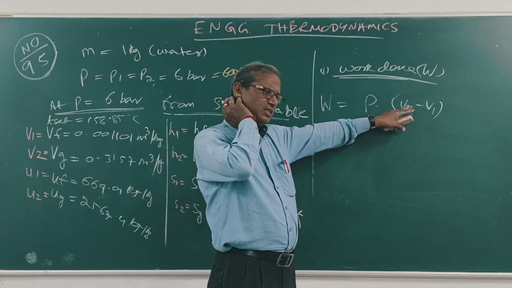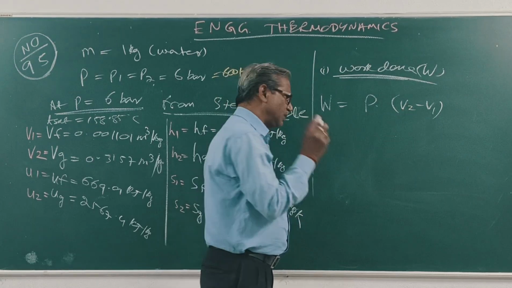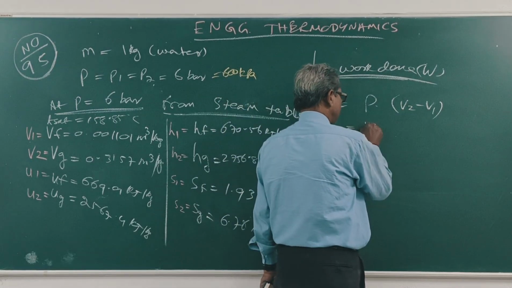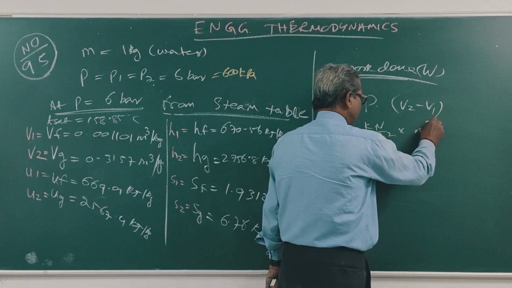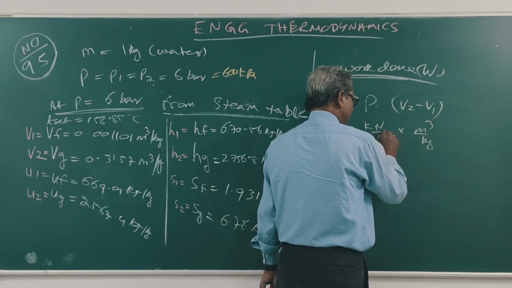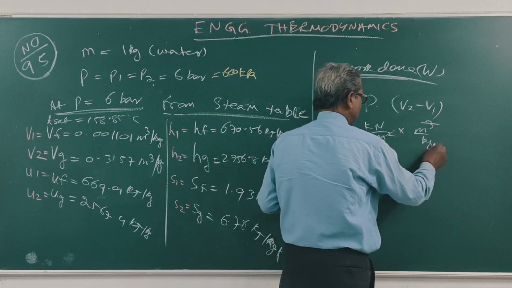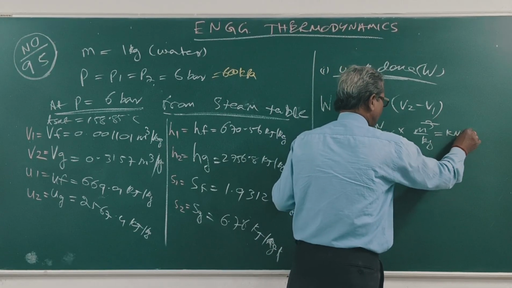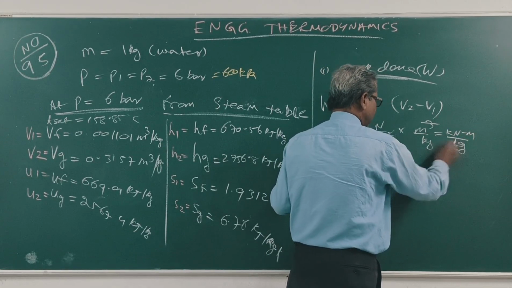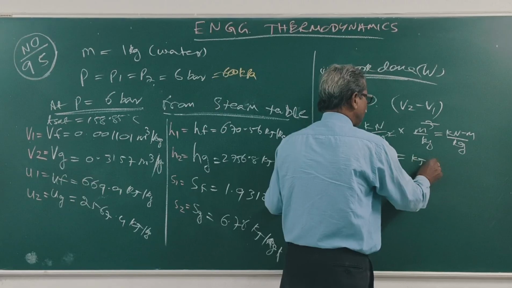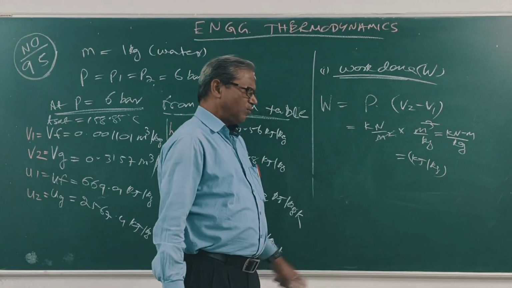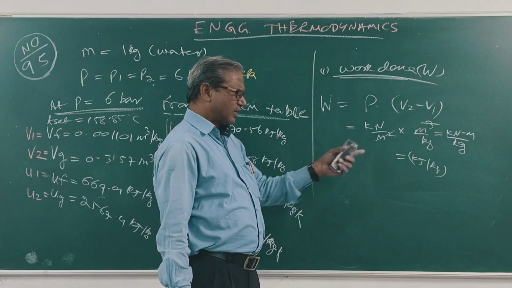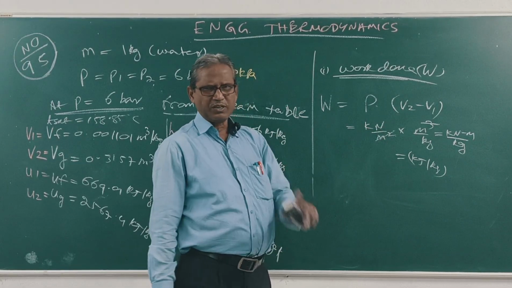So the answer is in kilojoule per kg. Kilopascal times meter cubed per kg, so meter squared cancels out. The answer is kilonewton meter per kg, which is equal to kilojoule per kg. Clear? So multiply by m in kg, so kg gets cancelled out. The answer will be in kilojoule.